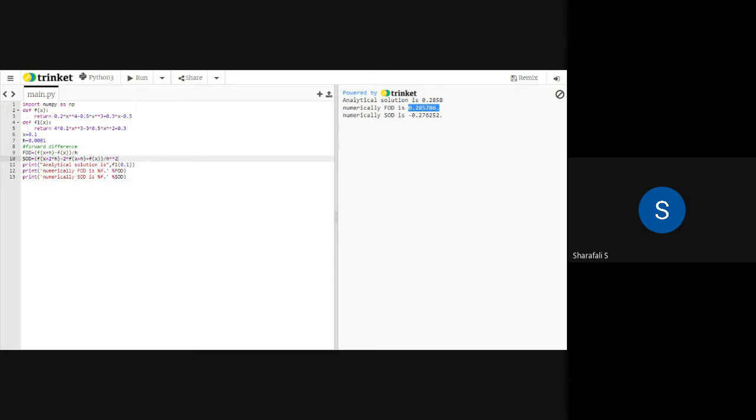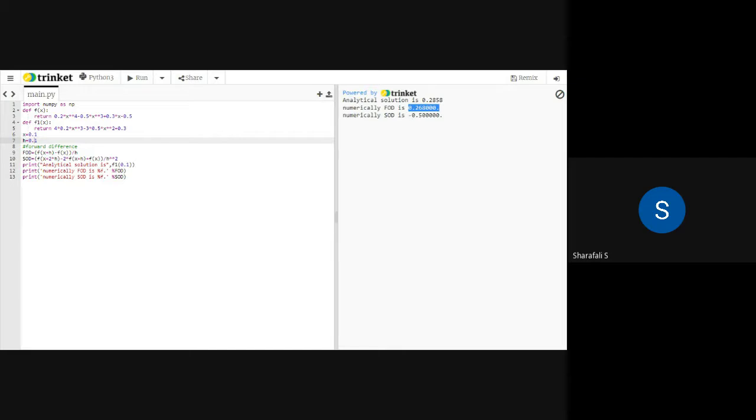It is 0.268. I think this is h equal to 0.001. Let me change this to 0.1 and run it again, since for h equal to 0.1 it was different. Now you can see this is 0.268. That is what we have got theoretically.